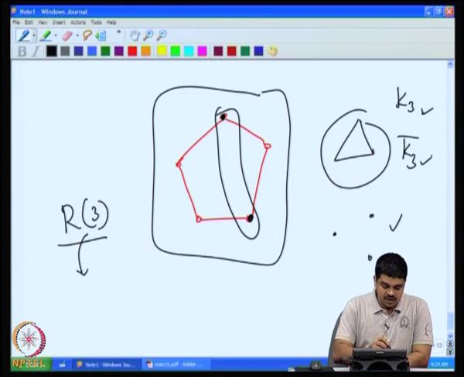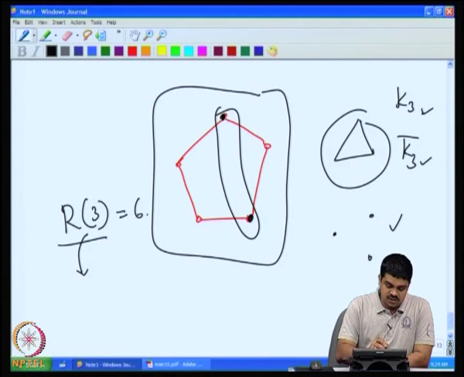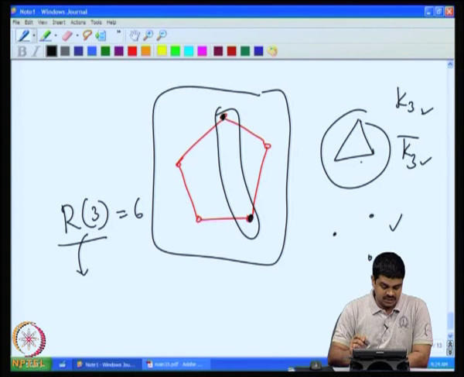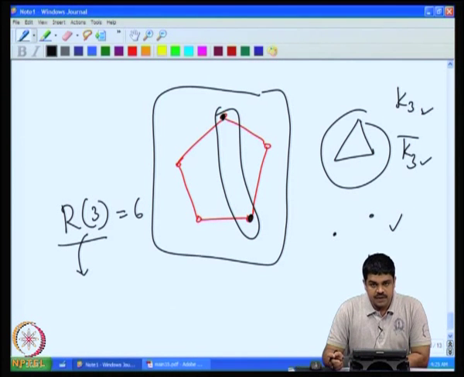That is why R of 3 is 6. For instance, if we take 5, then we can find this example where neither K3 nor K3 bar exists.